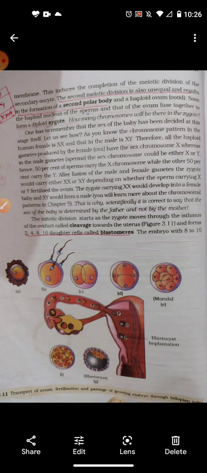That is, the plane of division coincides with the animal pole-vegetal pole axis. The cleavage furrow deepens and divides the egg into two daughter cells called blastomeres.